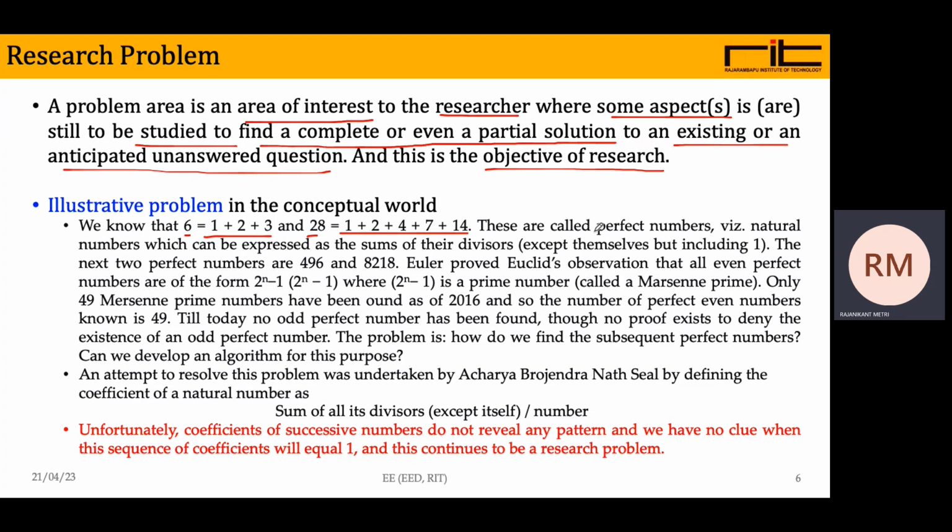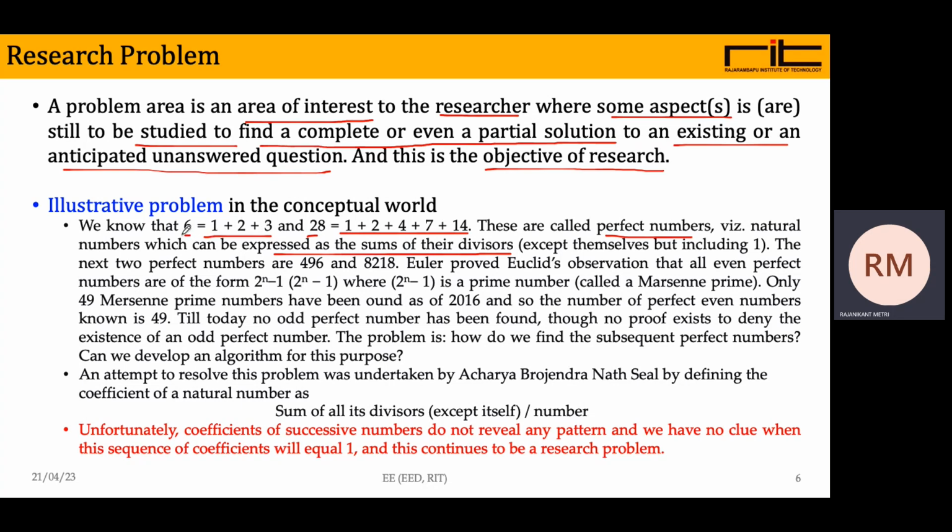And so these are called perfect numbers. Why? Because these are natural numbers and these are expressed as the sum of their divisors. The divisors of 6 are nothing but 1, 2, 3, except 6. So except that number itself, all the other numbers add up and give the same number.